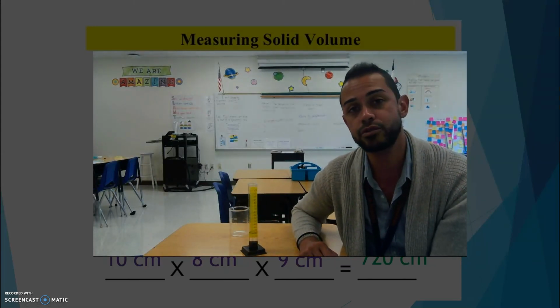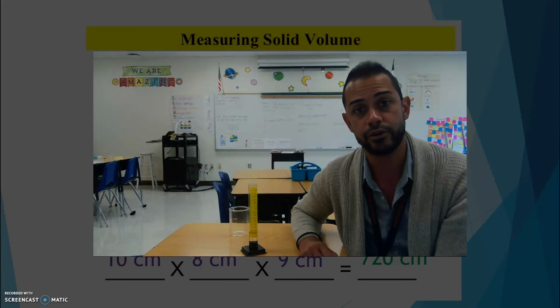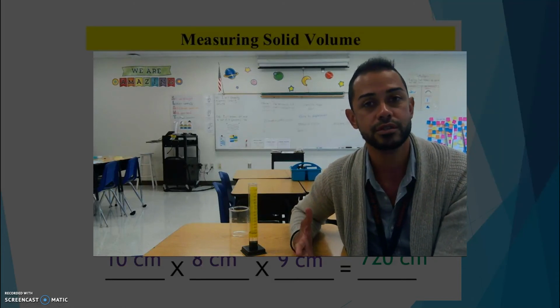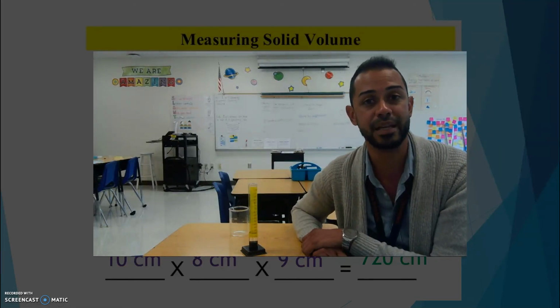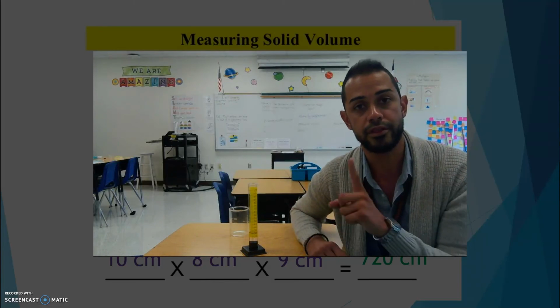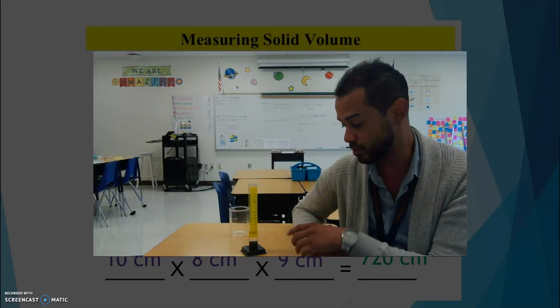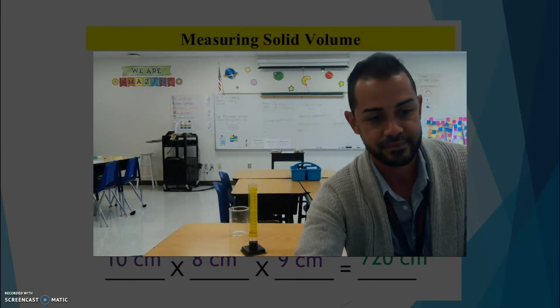So what do we need to do, guys? We need to subtract the second amount of water, that now is 30, minus 25. So what is the result? That means that my stopper has a volume of 5 milliliters. Remember, 30 minus 25 milliliters is going to be 5 milliliters. So that is the volume of our stopper.